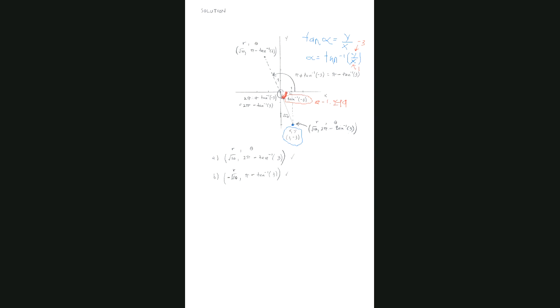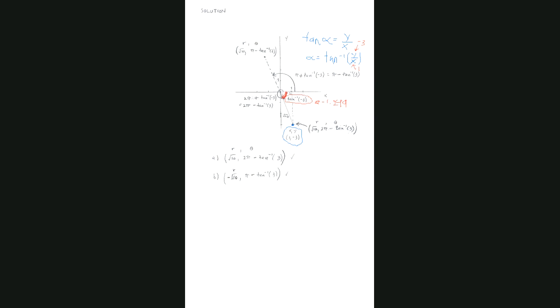Why can't we say that our polar coordinate is √10, arctangent of 3? Wait, hold on. Now wait, no, I've got to be careful.